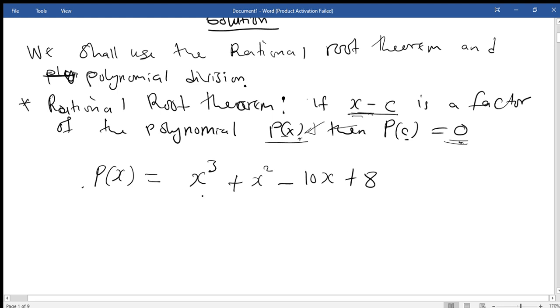We will do a trial and error to look for a certain value of c which can make p of c equal to 0. The values of c will be trial and error values we are going to insert in here.